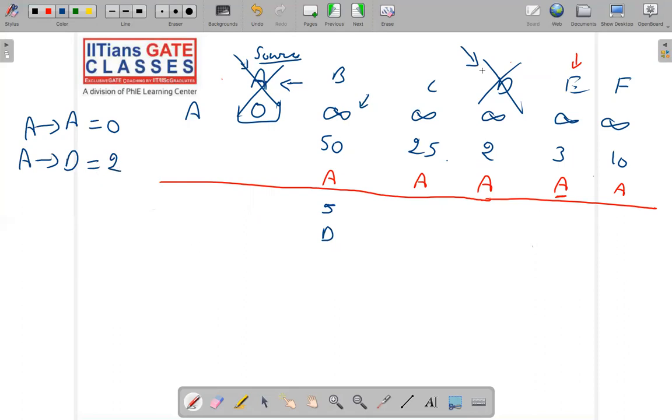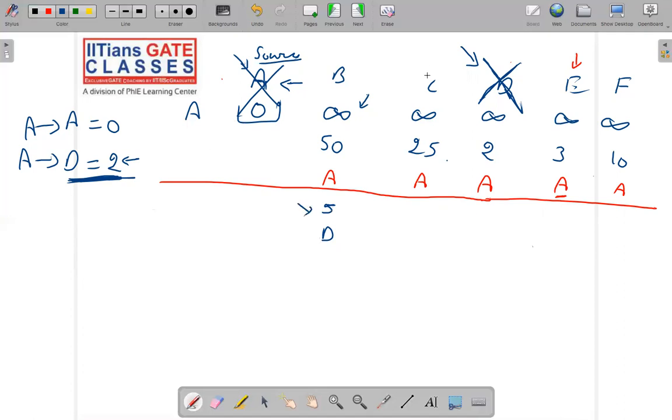We concluded it because once we find the minimum one, we delete that node from our algorithm space, and we conclude that from A to D it will take 2 units only. Now, using this conclusion that A to D is 2, can we find a better path with lesser cost for A to B? Yes, we found it. It's 5.